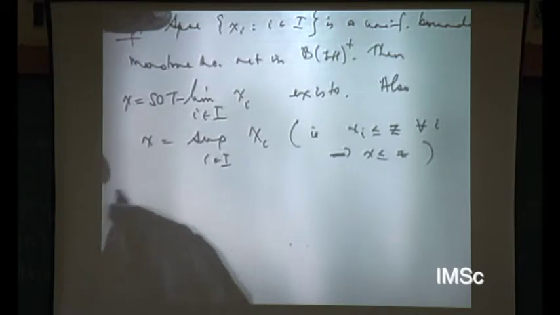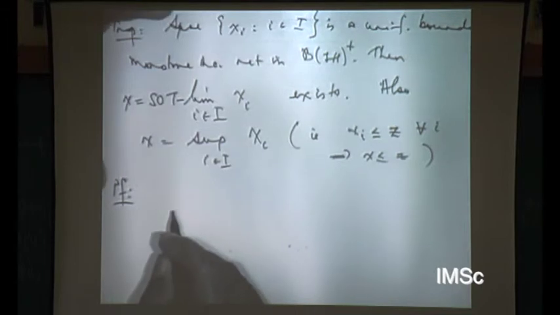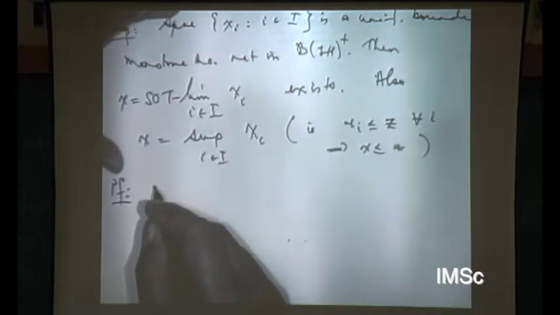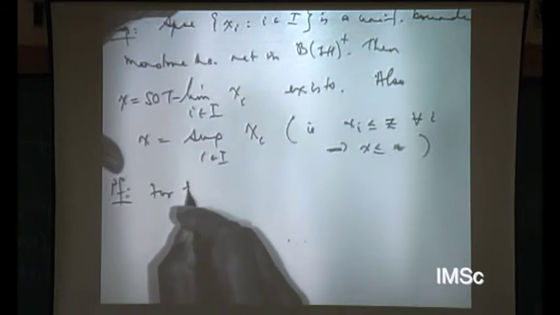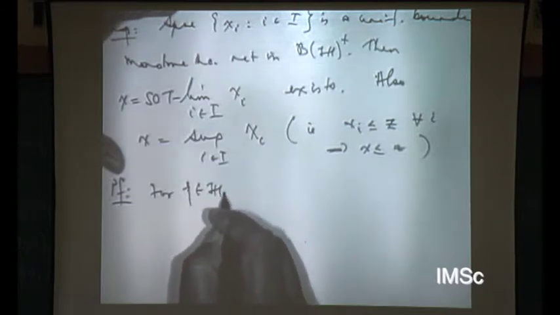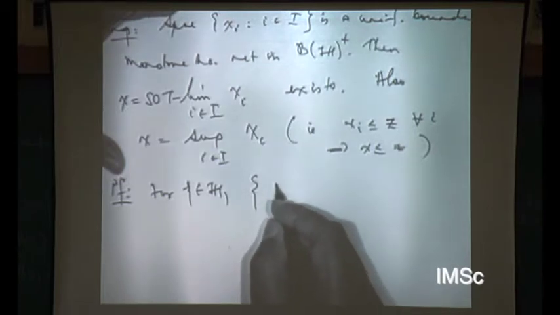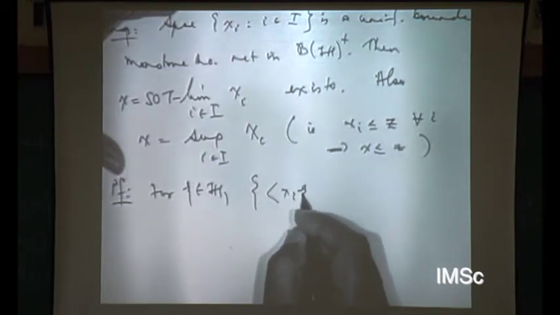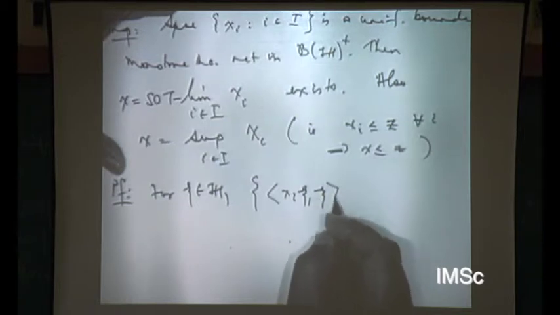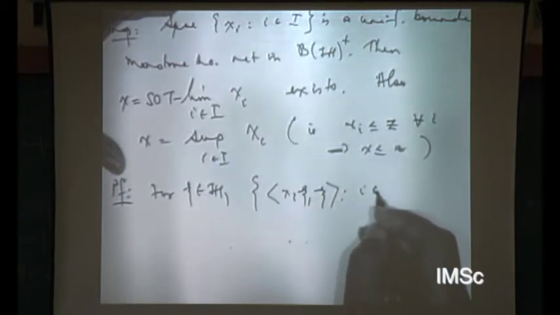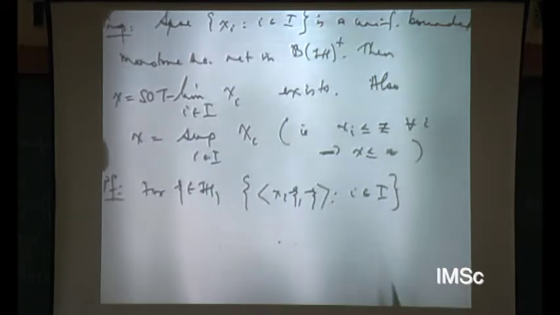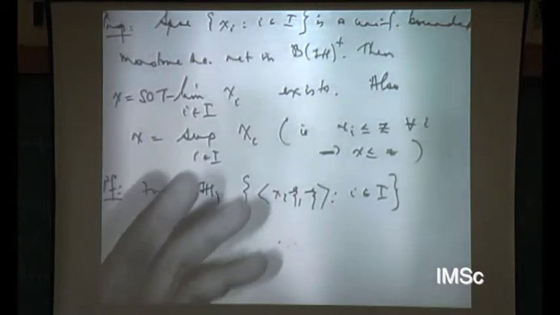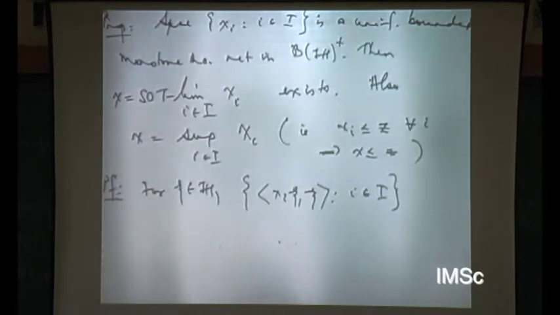Okay, the proof is more or less straightforward. For x_i and h, look at <x_i h, h>. So what can you say about this? Tell me everything you can about this.